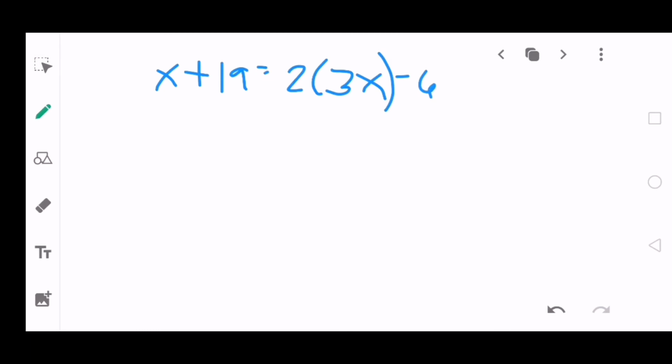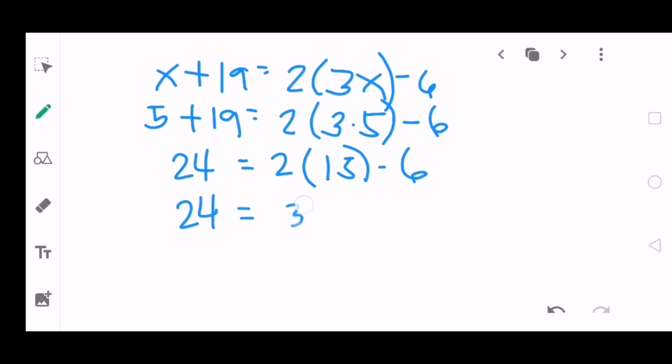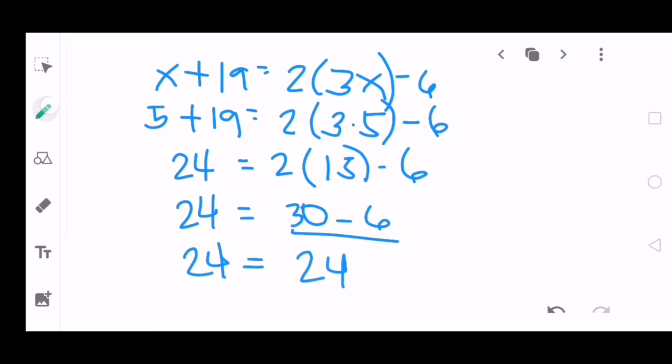Let's substitute x by 5. 5 plus 19 is equal to 2 times 3 times 5 minus 6. 5 plus 19 is 24 is equal to 2 times 15 minus 6. 24 is equal to 2 times 15 is 30 minus 6. And 24 is equal to 30 minus 6 is 24. So therefore, we got the correct answer.